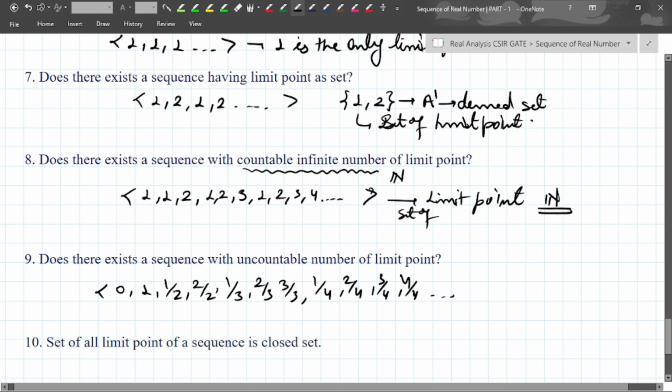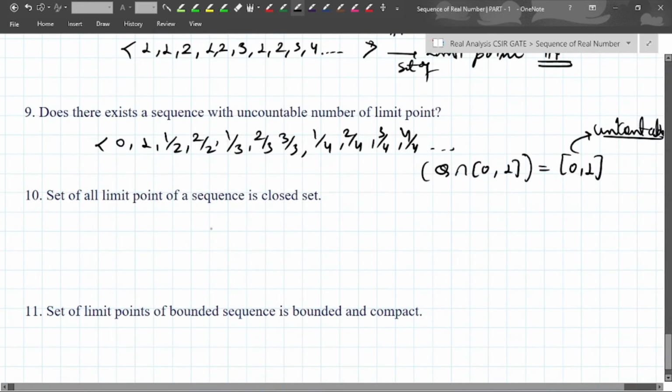Here 1 is repeating infinitely many times. The limit points are all the rational numbers in the interval 0 to 1, and this is the example.